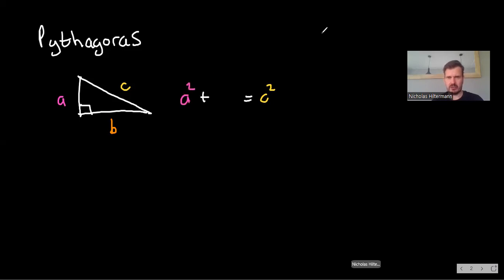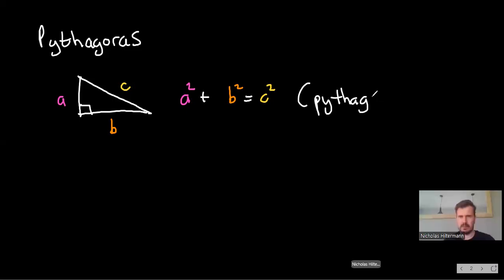And the large side is called the hypotenuse. So this is your first one, and of course this you'll see in geometry as well as trigonometry. So Pythagoras. Okay, so that's the basic one.